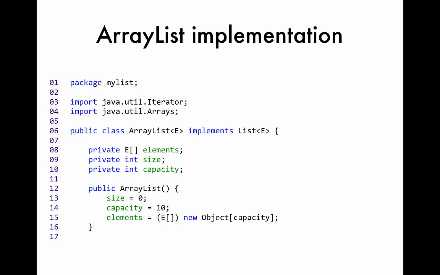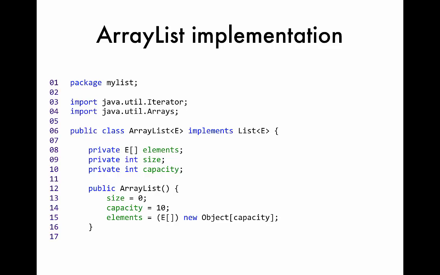Now in line 15, we're creating an array with elements of type E with a size of 10. You might think that we should just say new E bracket capacity close bracket here. And I would think that too, and I would actually prefer it. Unfortunately, because of the way Java handles type parameters, we can't do that.